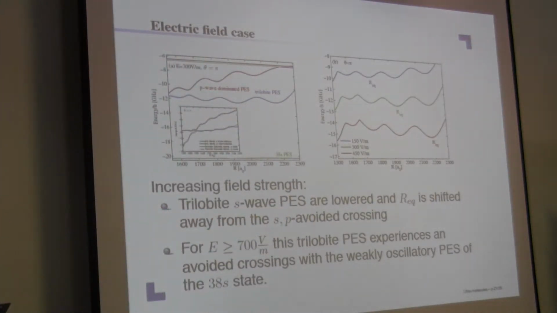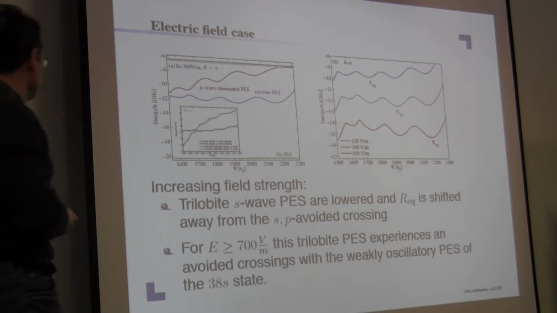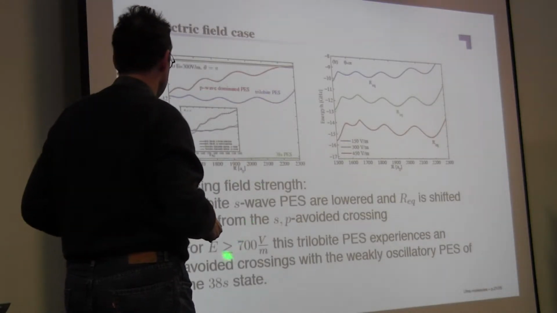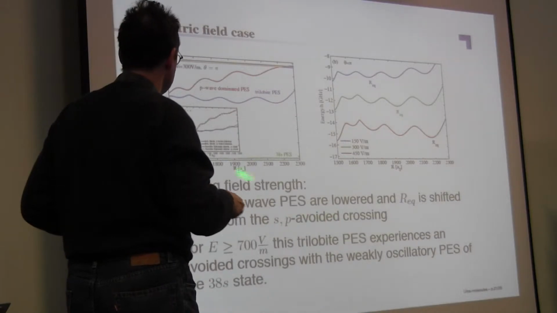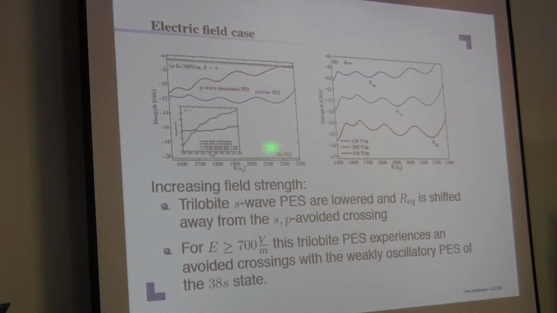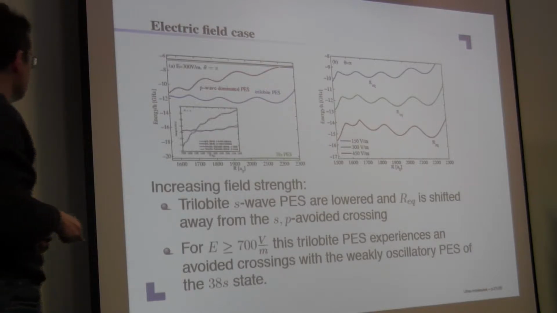A specific state which is a quantum defect split state from the degenerate manifolds. So then what happens is that you get an avoided crossing with this 38S state, and that mixes components of this state into the eigenstates involved in this avoided crossing.